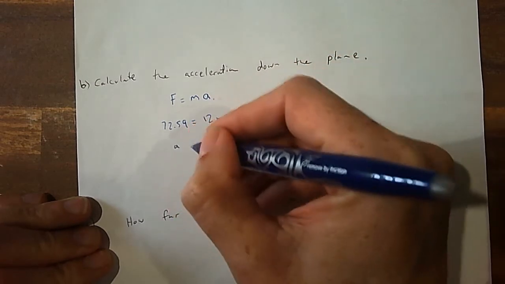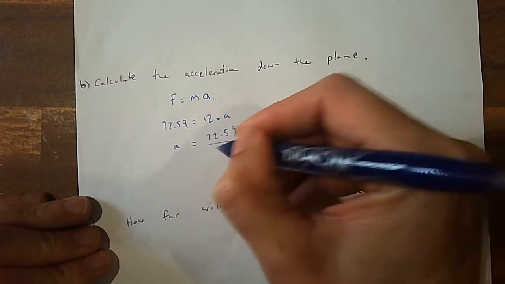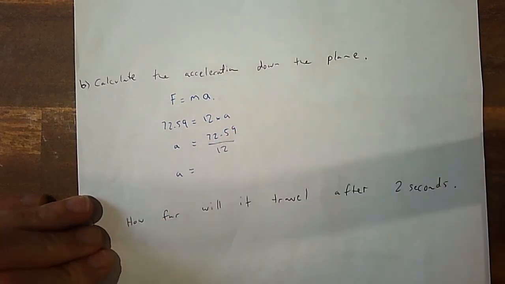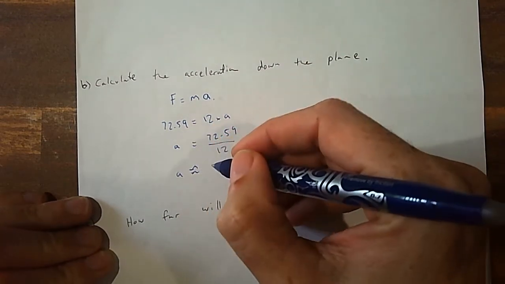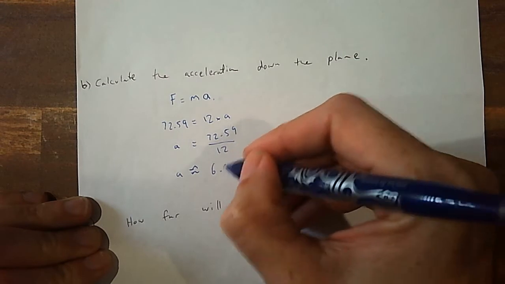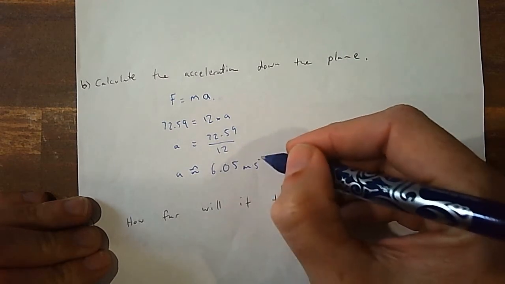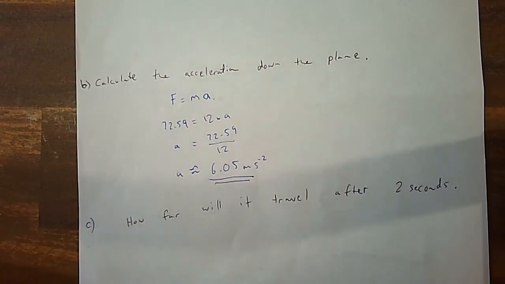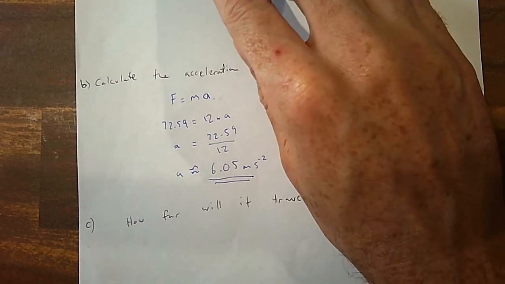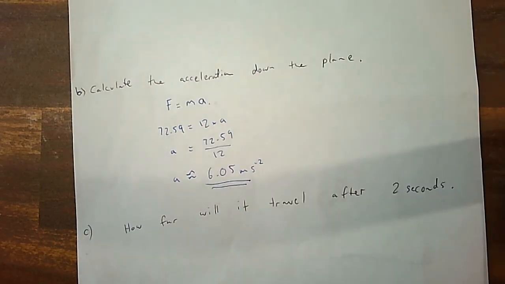If I make a the subject, I end up with 72.59 divided by 12, so a is approximately 6.05 meters per second squared, because it's acceleration. This block will be accelerating down the plane at 6.05 meters per second squared.